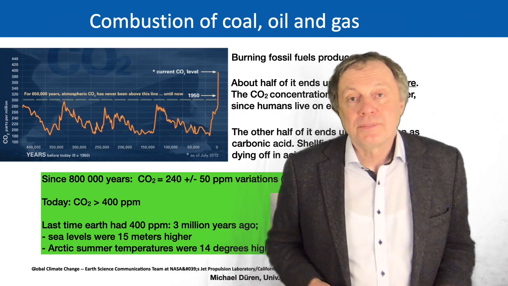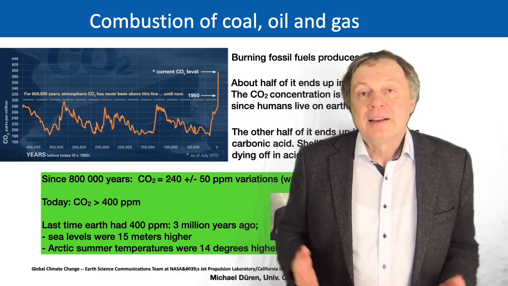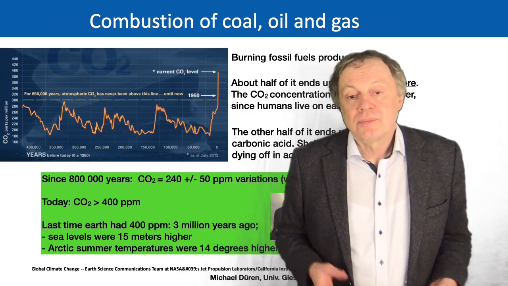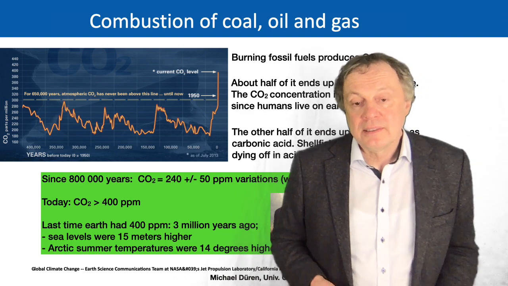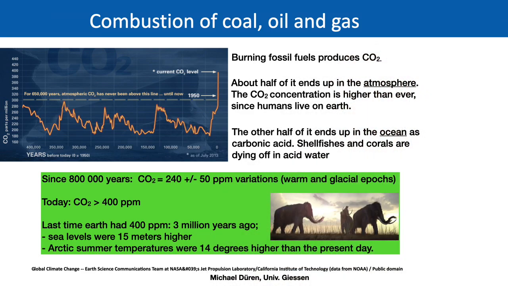The last time we had 400 ppm was 3 million years ago. At that time the sea levels were 15 meters higher than today, and the Arctic summer temperatures were about 14 degrees higher than at the present day.